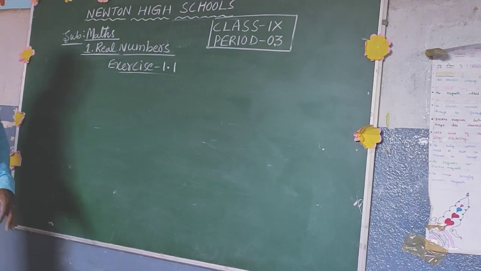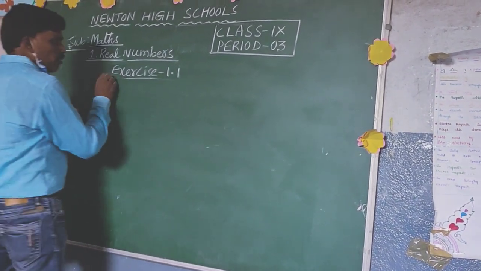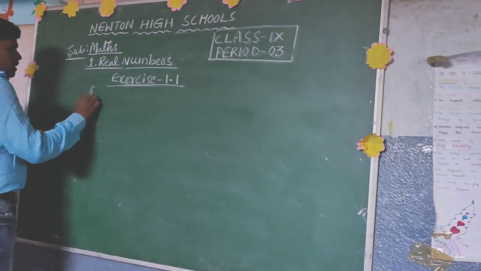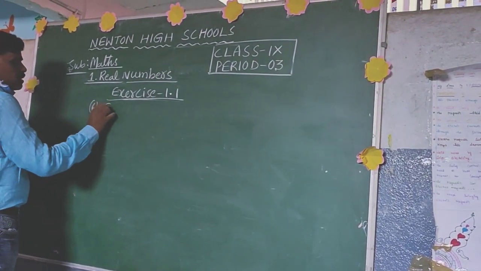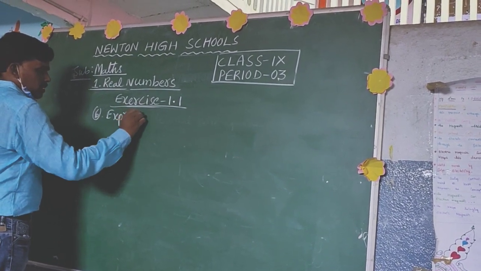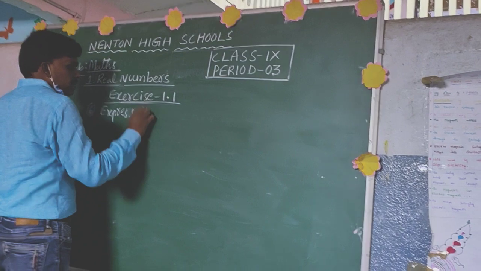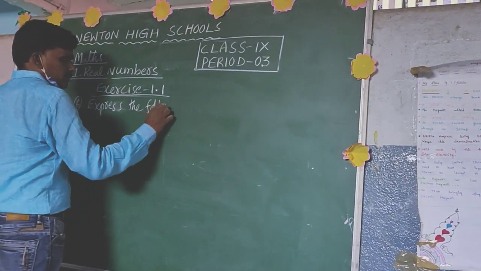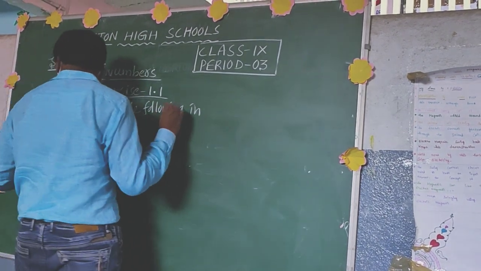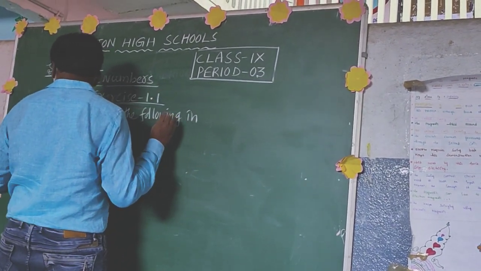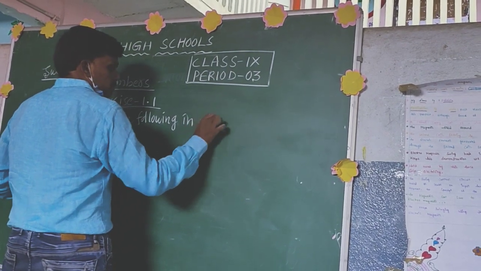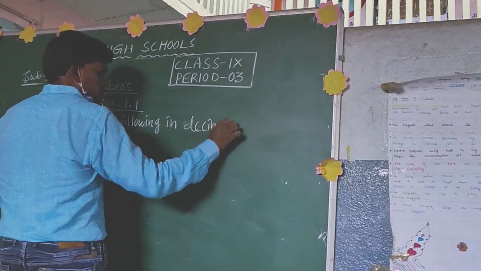So in an easy way, we can find the decimal form of the given numbers without the division. First, express the following in decimal form.